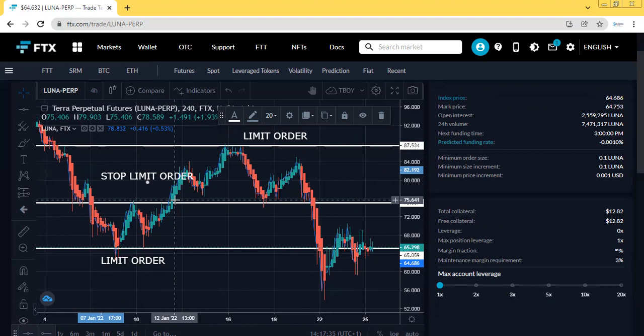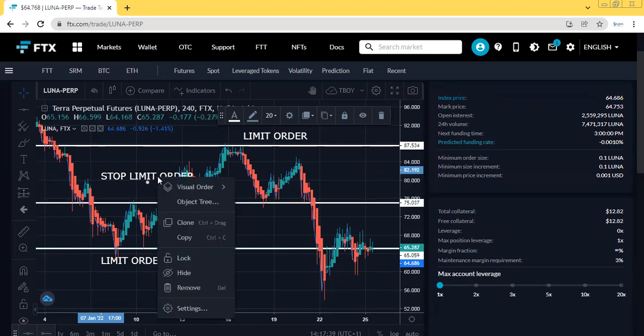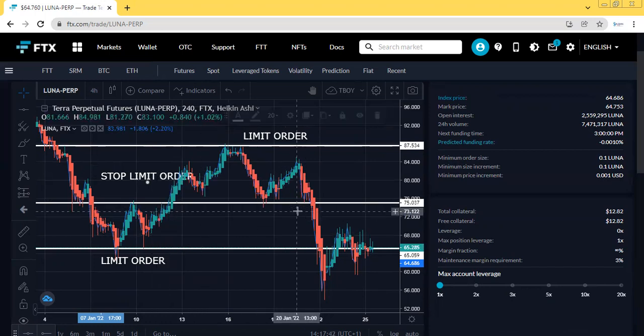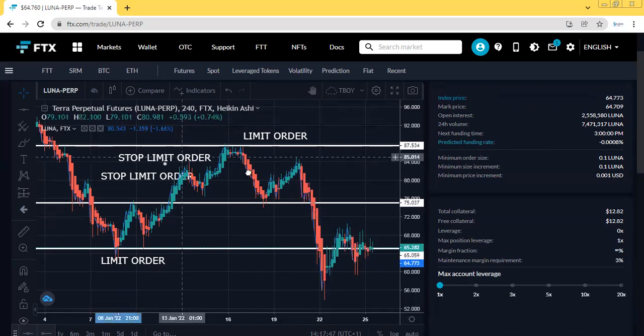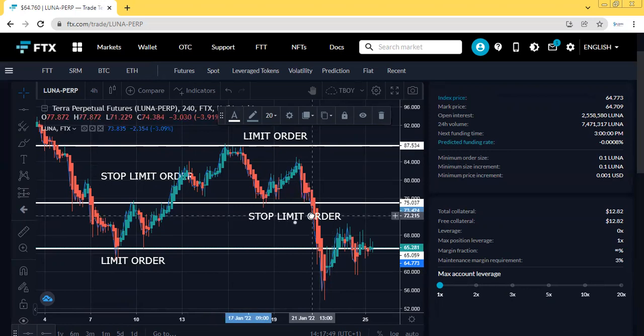You can also put your sell stop limit order. How can you put it? You can use this particular place as your sell stop limit order, and you believe that as the price is moving like this and breaks this place, it's going to continue selling.